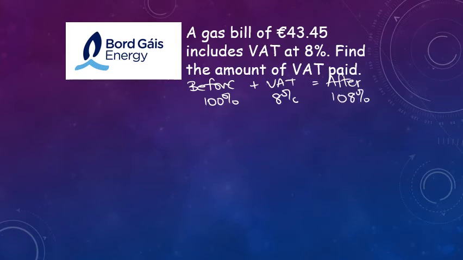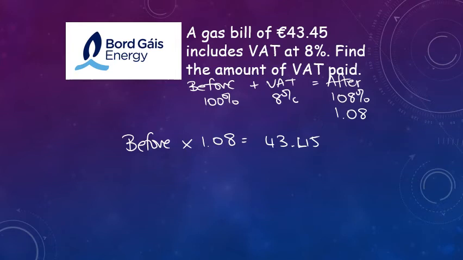Okay, so we have a decimal of 1.08. So remember that the price including VAT is based on a calculation of the price before. So we would have had the price before VAT multiplied by 1.08 to give us 43.45.